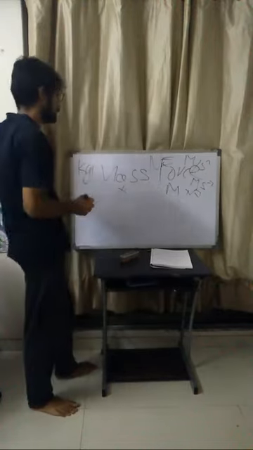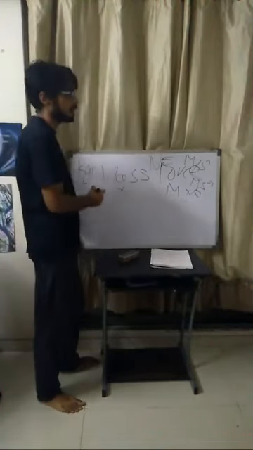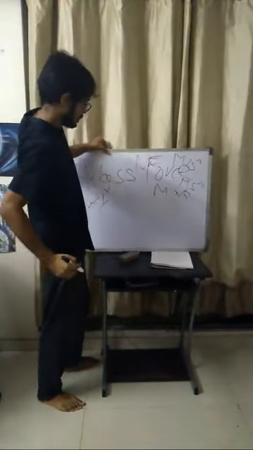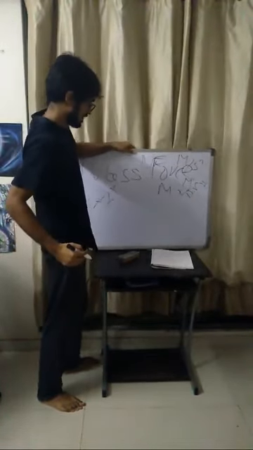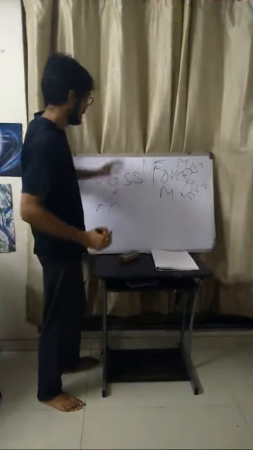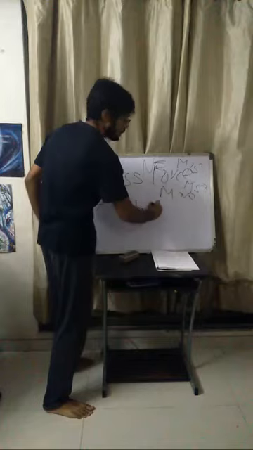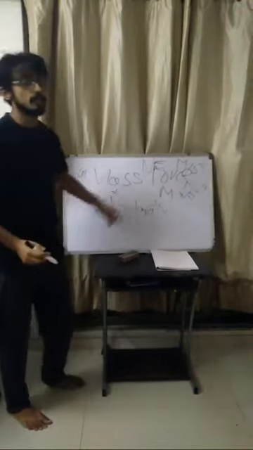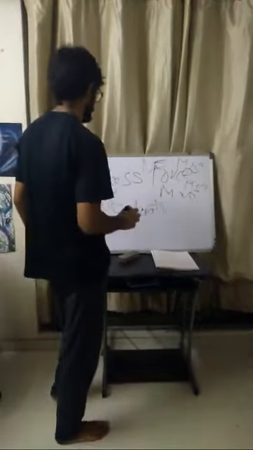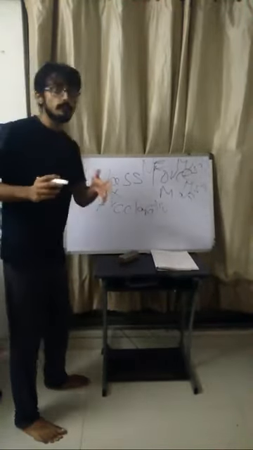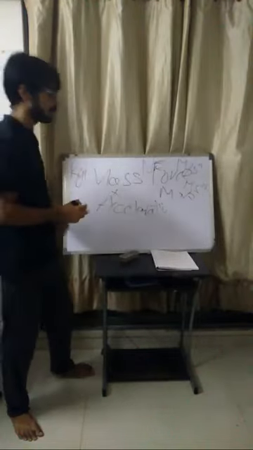Now, to get a weight from a mass, you take the mass and multiply it by acceleration. Once you multiply a mass by an acceleration, you get something called a weight. And in SI units, the unit of weight is the newton.